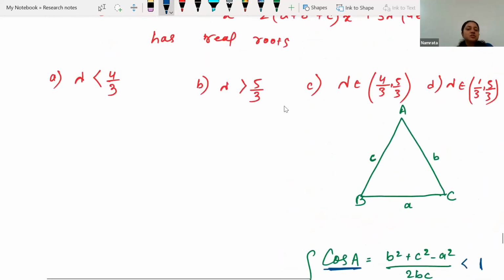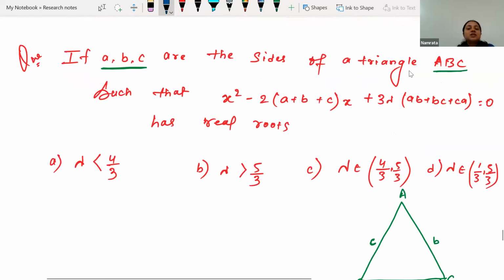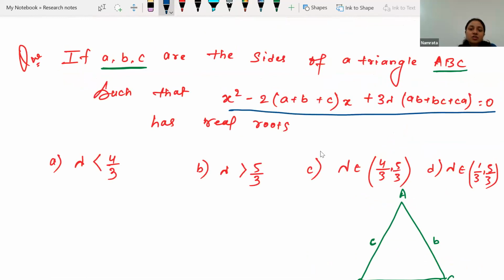This much information we are having in hand, we will be using it. Now let's see the question. If a, b, c are sides of a triangle such that this has real roots, so this looks like a quadratic equation, yes or no? ax square plus bx plus c is equals to 0, right?